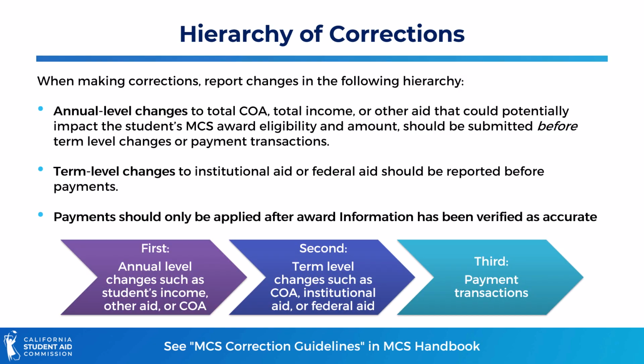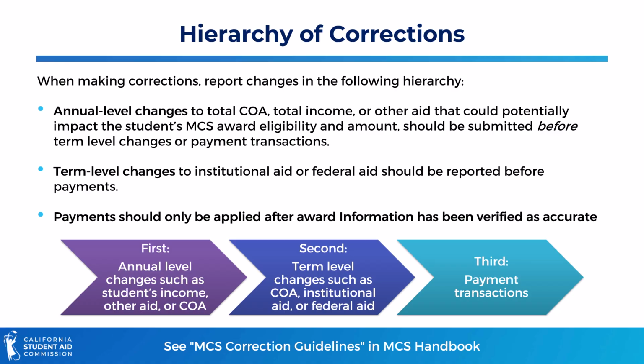When a student has been awarded MCS, but new information is available that may affect their eligibility or their award amount, the school must follow the correction process to have CSAC recalculate that student's award. When submitting changes, you should report them in the following order.